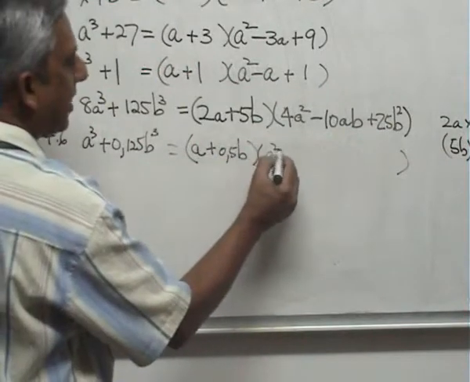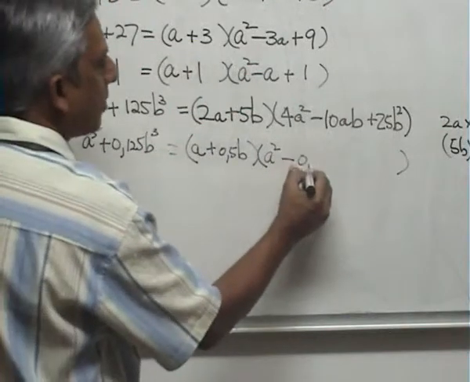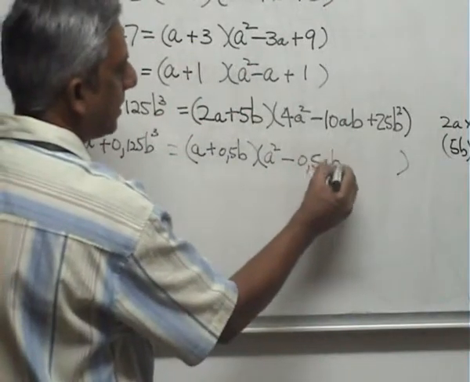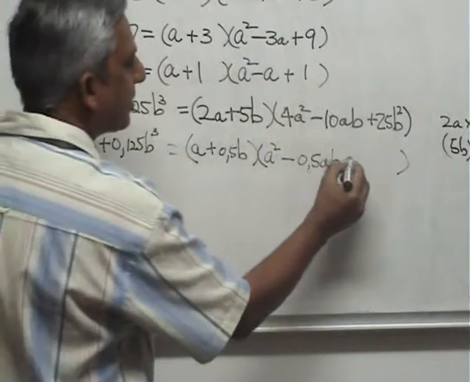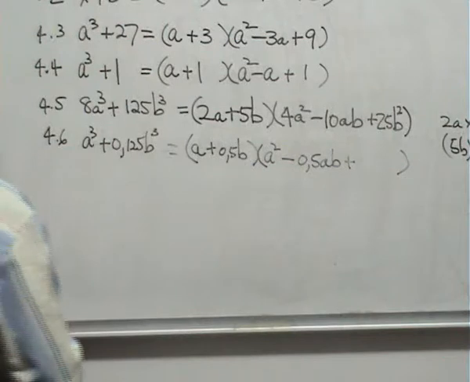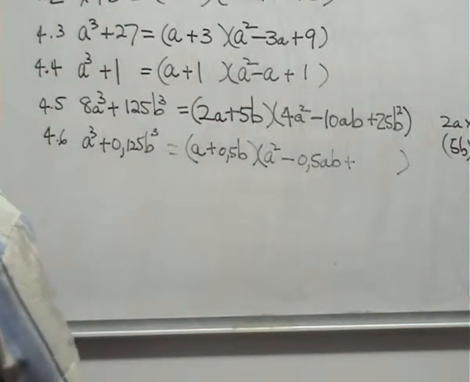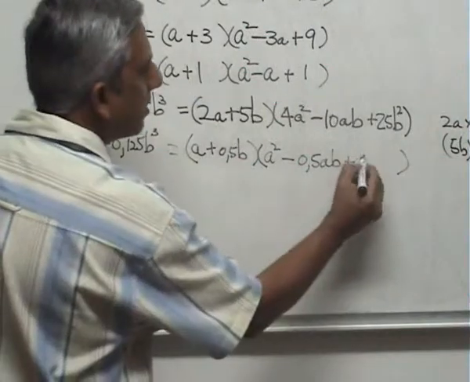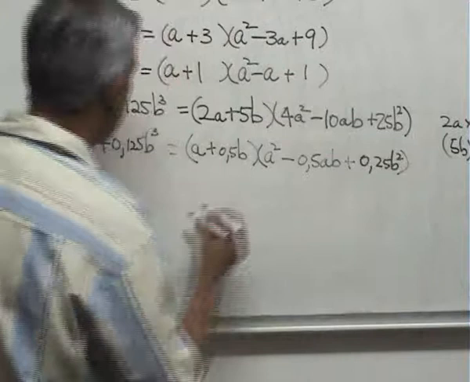That will be a squared minus 0,5ab. See, that times that. And then finally square 0,5b. If you square 0,5b, you will get 0,25b squared.